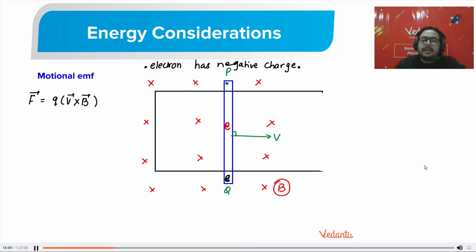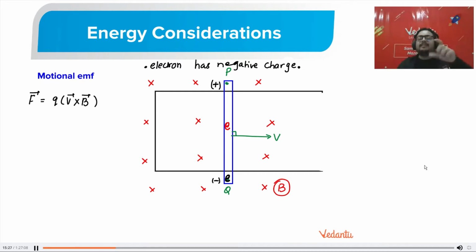Let me say the electron reaches this side. So can I say this point Q will attain some negative charge, and point P, having a deficiency of electrons, will attain some positive charge? Are you getting my point?